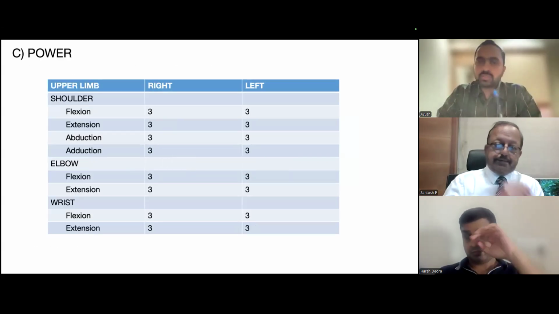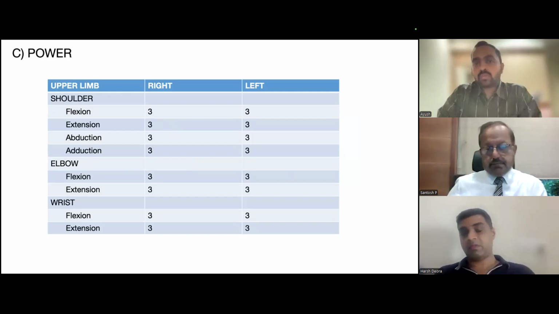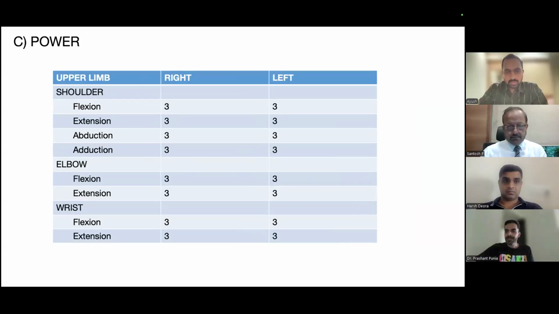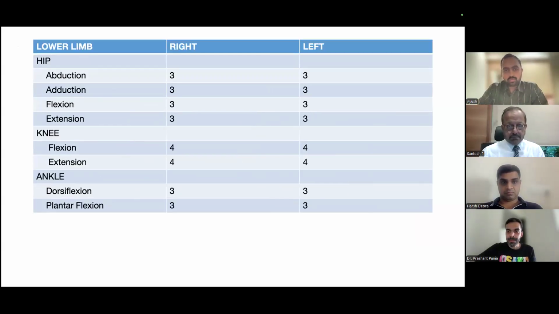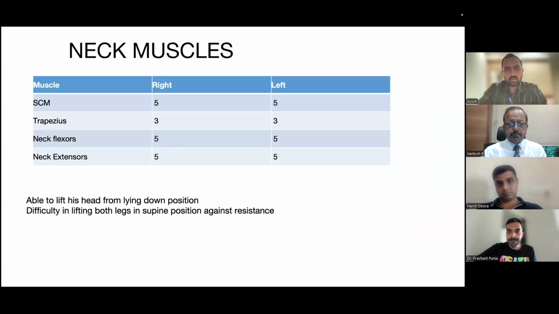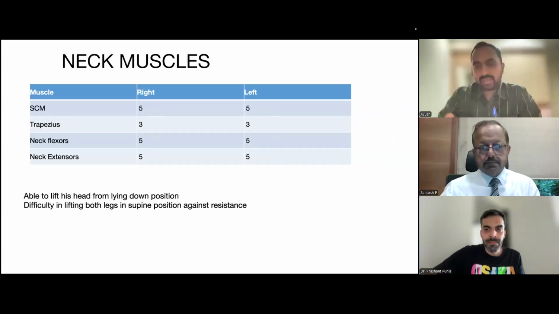The power was reduced in both limbs, with symmetrical loss of power. In the neck muscles, I could only appreciate weakness of the trapezius. There was no weakness of the sternocleidomastoid, and he was able to lift his head from lying down position, but there was difficulty in lifting both legs in supine position against resistance.